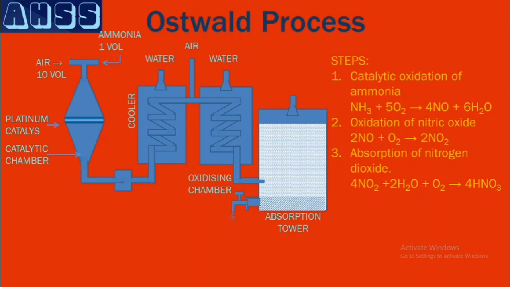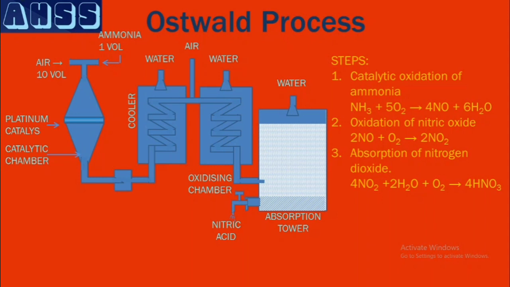There will be a spray of water, and in presence of oxygen and water, nitrogen dioxide gas combines to form nitric acid, and through the tap below, this nitric acid is collected.